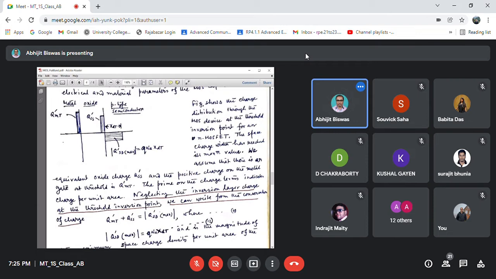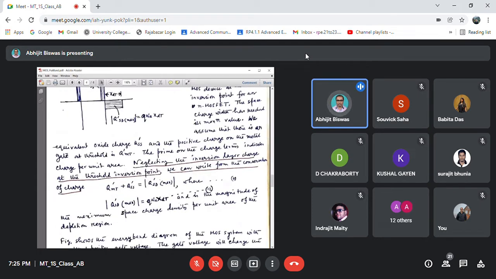So in equation 11, the left hand side is the total amount of positive charge per unit area on the gate as well as in the oxide, and the right hand side is the depletion charge per unit area. They must be equal so long as conservation of charge holds good.